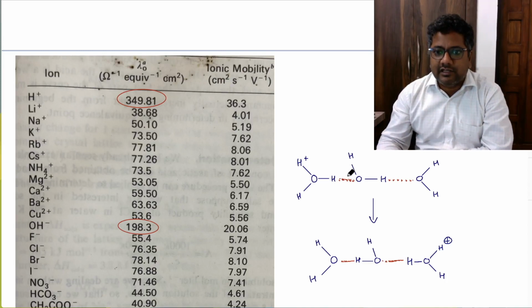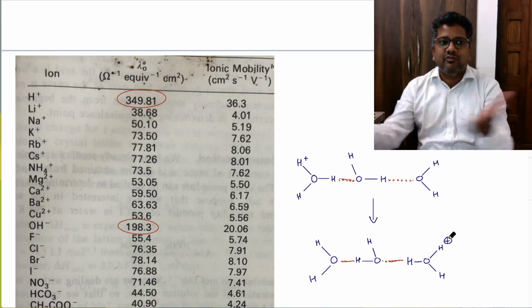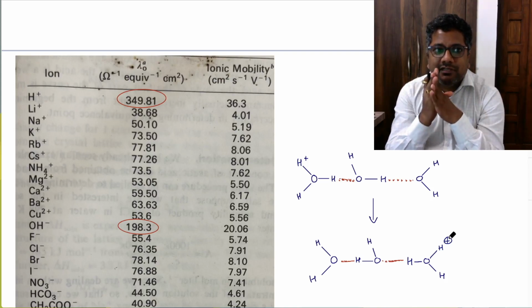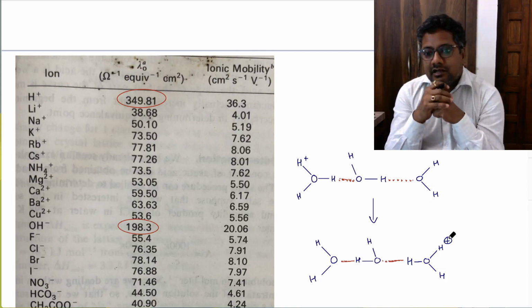Only two hydrogen bonds, this one and this one. The change of this hydrogen bond makes the shift of H plus from here to here. The positive charge will move. A wonderful mechanism to explain the movement of H plus.